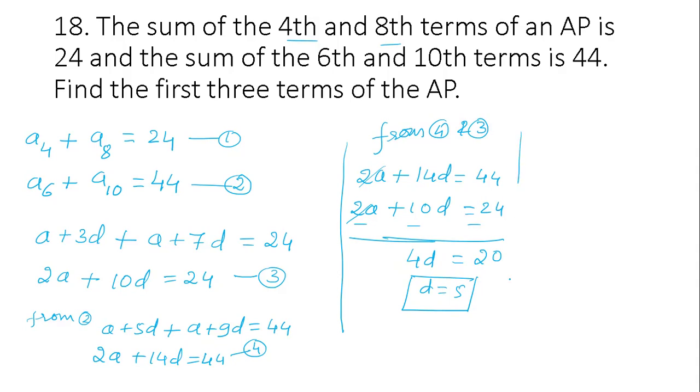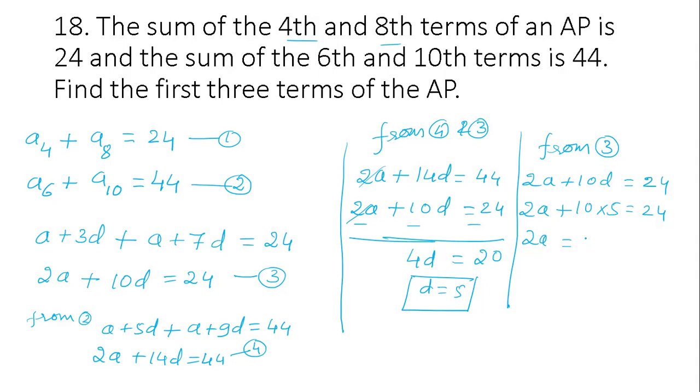Using 3, 2a plus 10d is equal to 24. 2a as it is, plus 10 into 5 is equal to 24. 2a is equal to 24 minus 50. 2a is equal to minus 26.